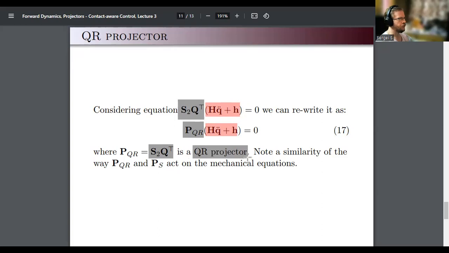Okay, QR projector. This, to the best of my knowledge, is directly invented by those guys that I already previously mentioned, Shal and his various collaborators, like Mystery Rigetti, and so on.